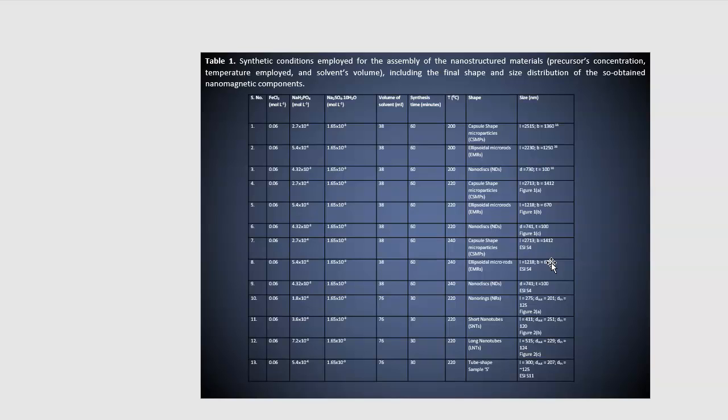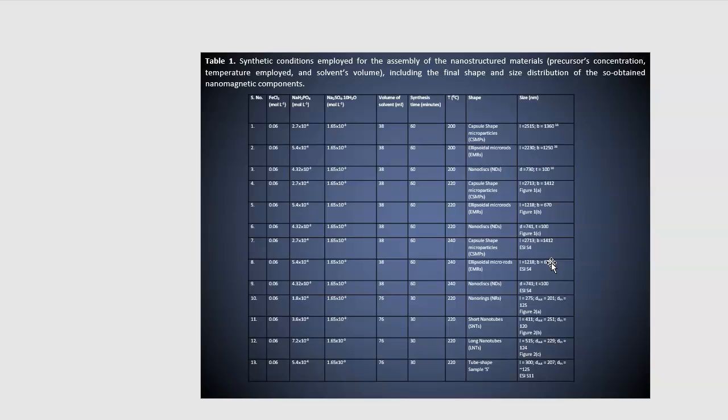We optimized this synthesis, and these are the different morphologies we obtained by tuning the phosphate to sulfate ratio, and also by changing the volume of the solvent, which is water in the present case, and the final temperature of the synthesis.